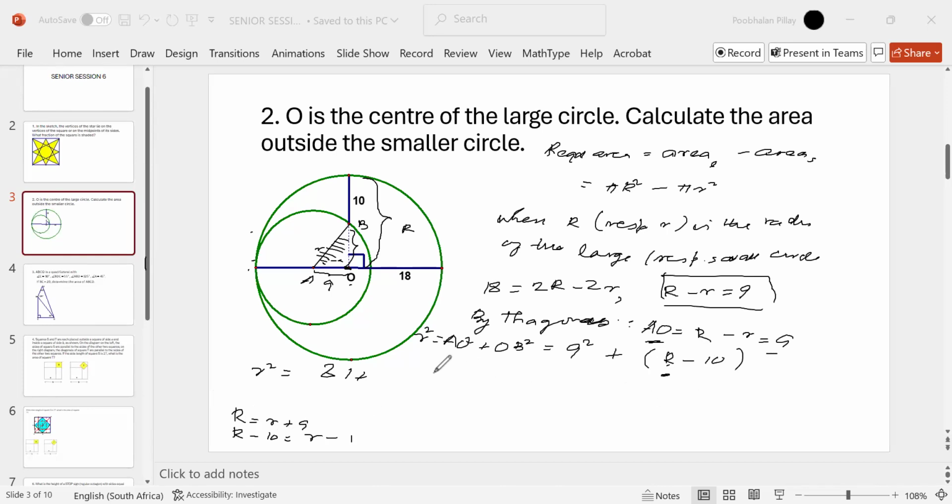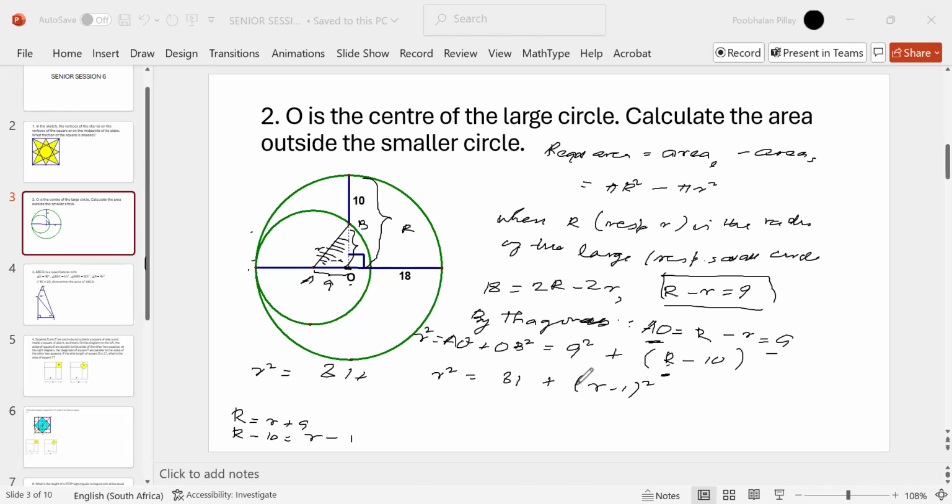So here you've got r squared is equal to 81 plus r minus 1 squared, because it's R minus 10. See, R minus 9 is small r, so R minus 10 means you have to take away one more.